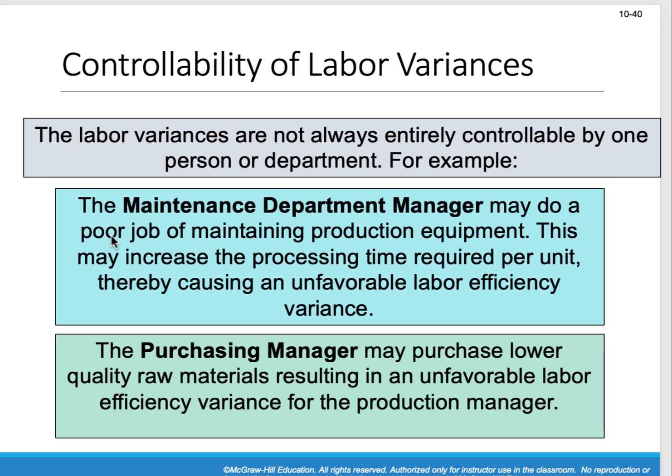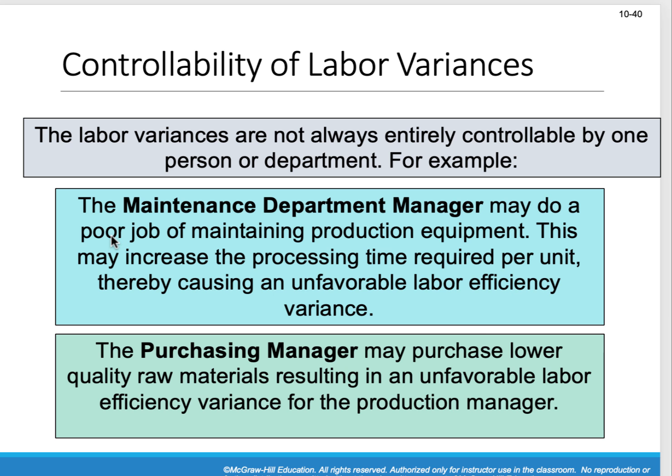How can we control the labor variance, right? Well, again, it's not always going to be controllable by one person or one department. The maintenance manager, maybe they do a poor job of maintaining the equipment, and our workers aren't working because they're sitting around waiting for the maintenance department to come around and fix a machine.